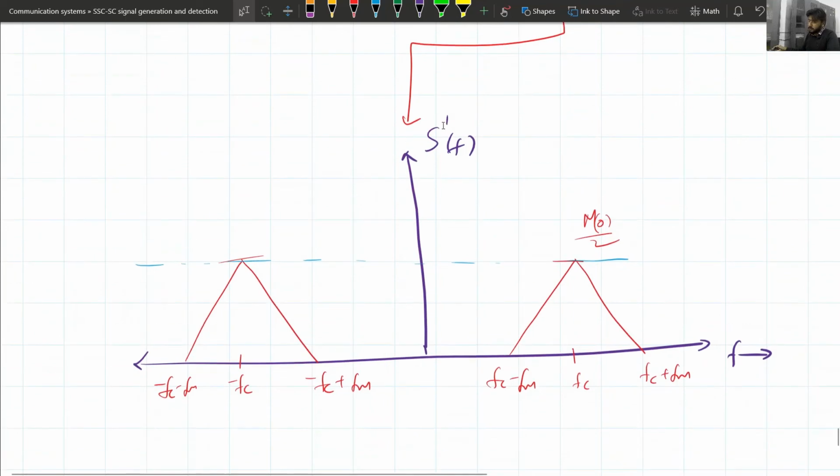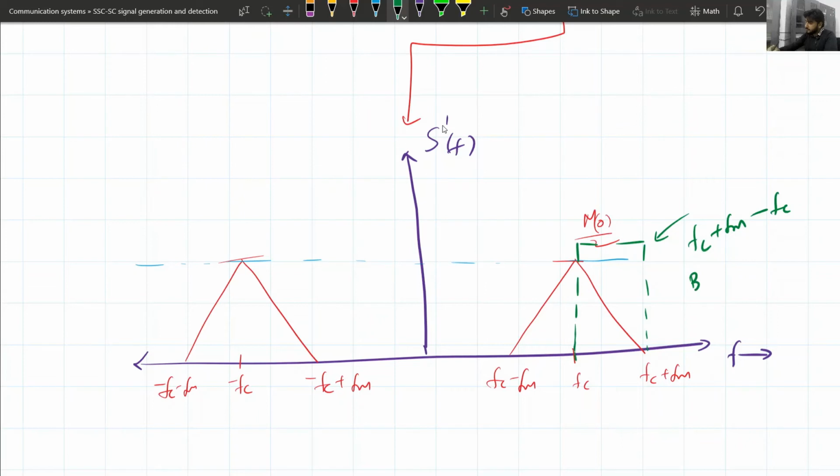Suppose we are interested in passing the upper sideband, then we will apply a band pass filter whose bandwidth will be Fc plus Fm minus Fc equals Fm, for the upper sideband suppressed carrier.